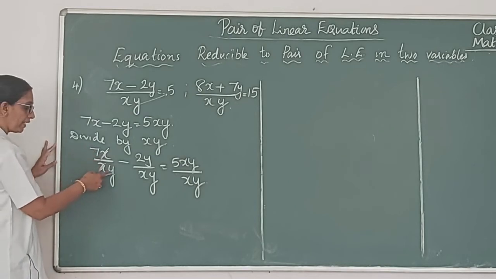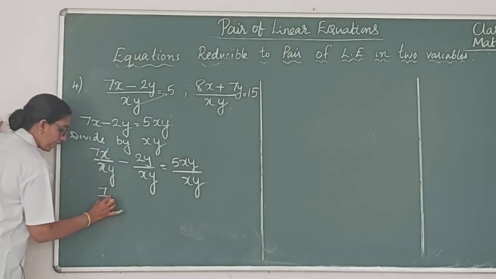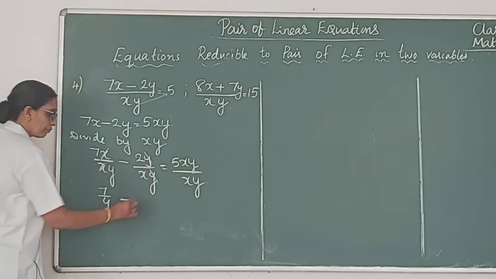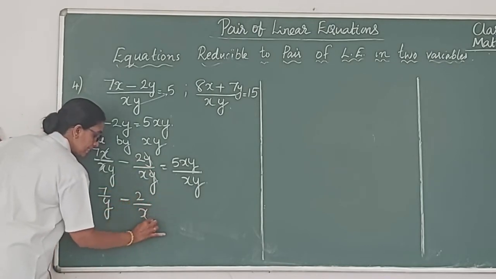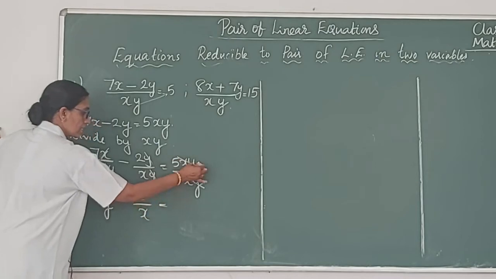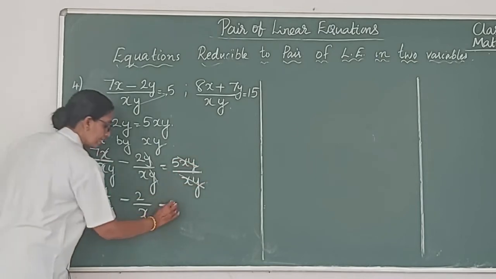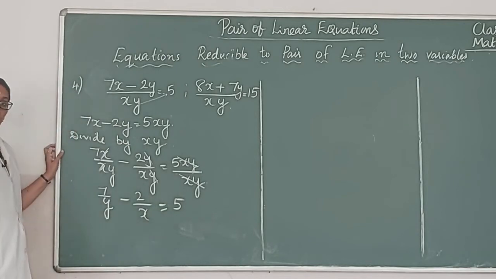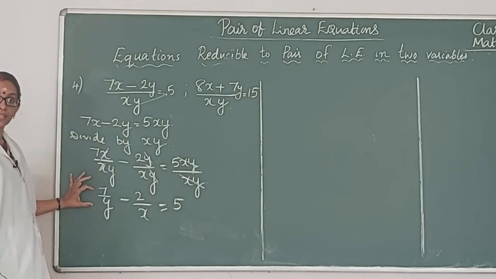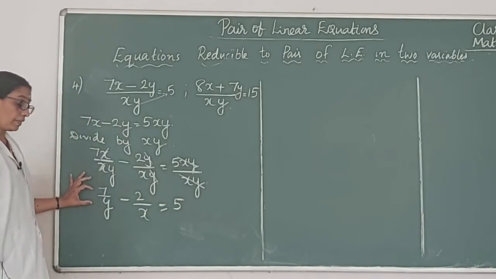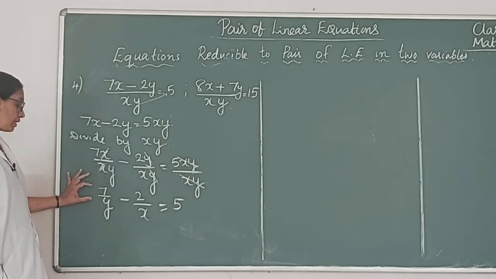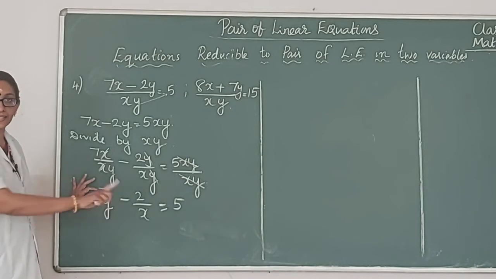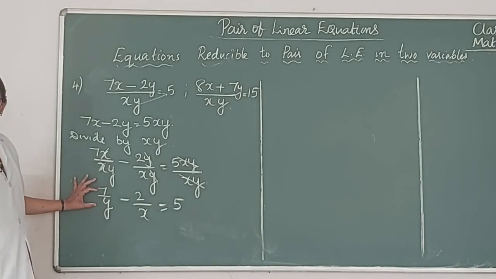What is remaining? 7/y − 2/x = 5. Now we got the equation, but it is not linear. You know how to change this into a linear equation.